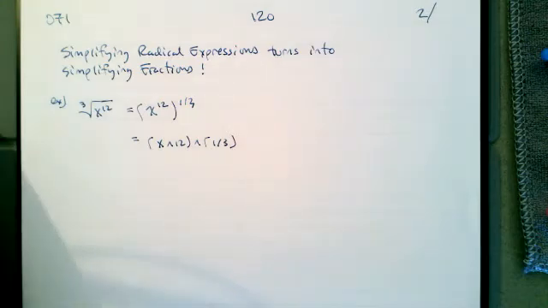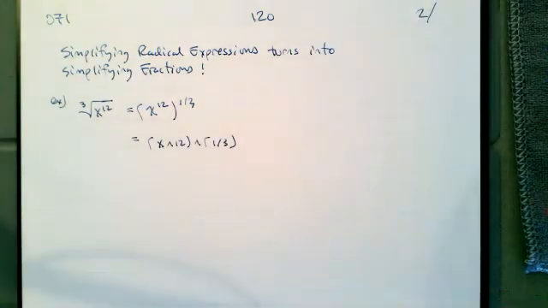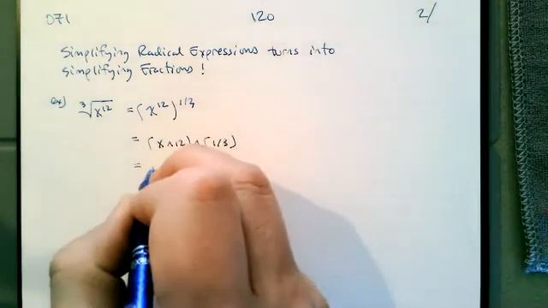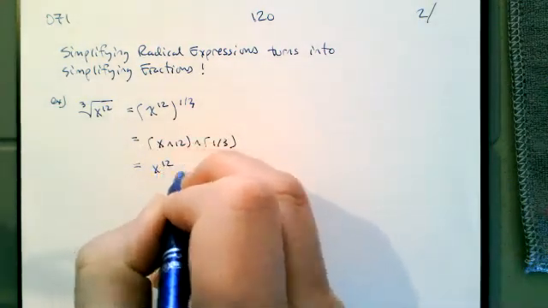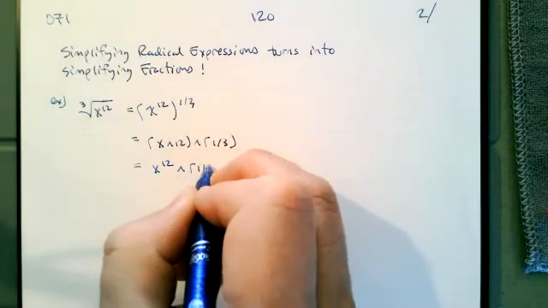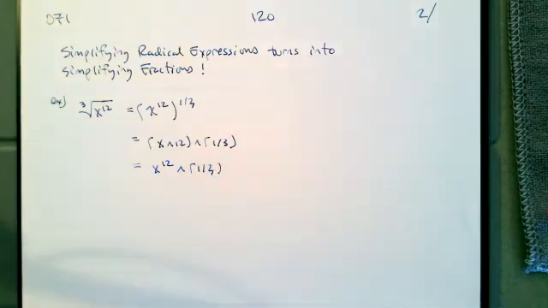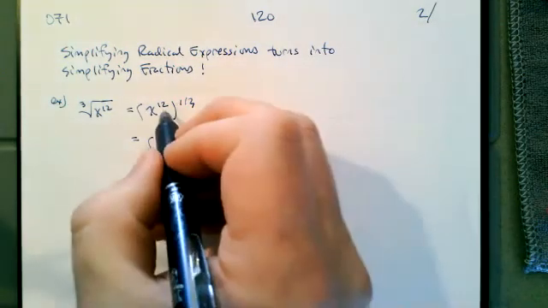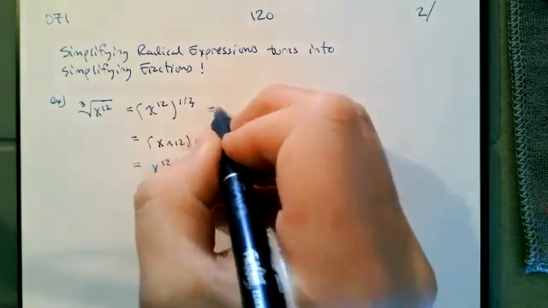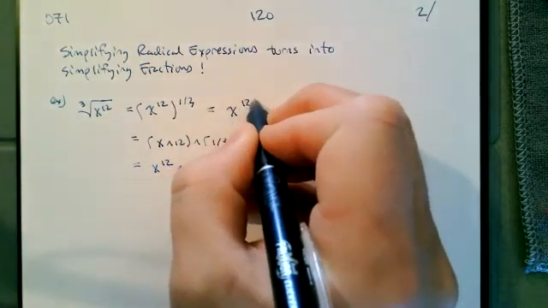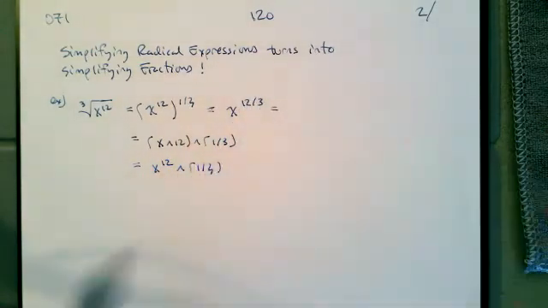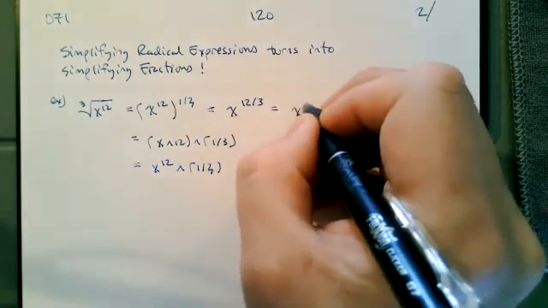Or we might do some weird hybrid where we write x to the 12 in superscripts and then all to the 1/3 power on single lines. When we raise an exponent to an exponent, we multiply the exponents. So this is x to the 12 divided by 3, and that's going to be x to the 4.